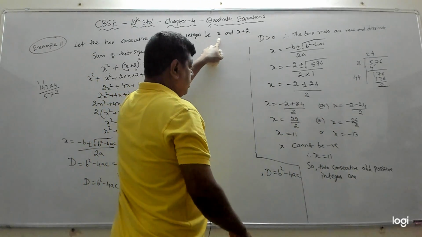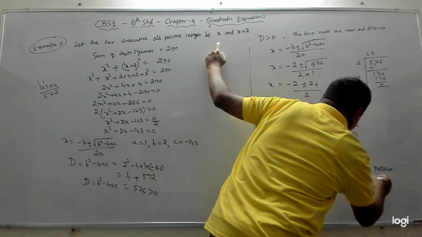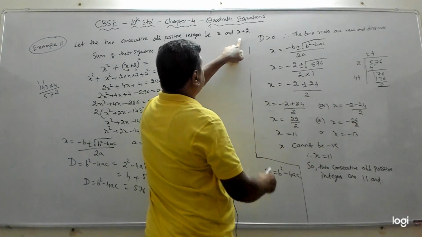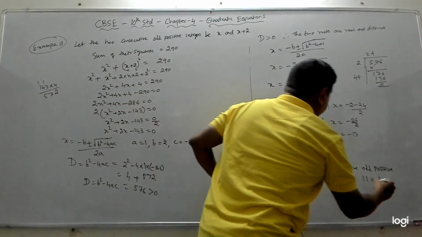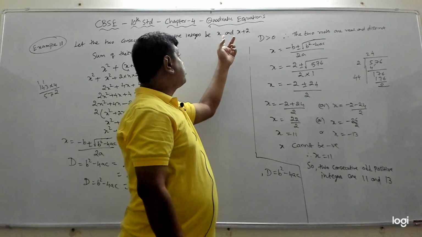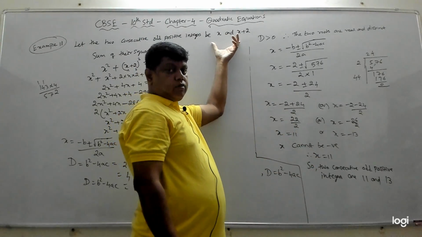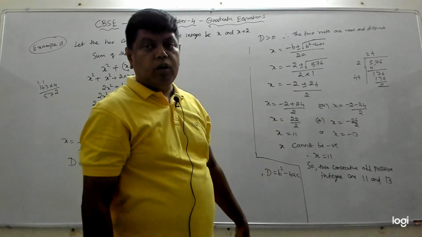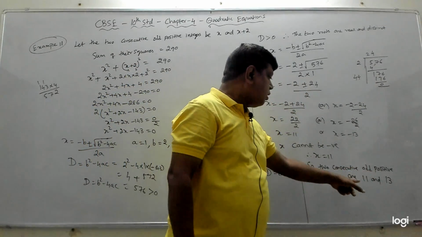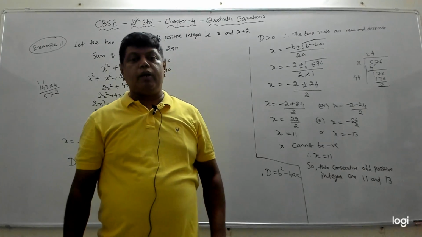X is 11, and x plus 2 means put x is equal to 11 here. You get 11 plus 2, which is 13. So after finding x, you have to substitute here to find the two consecutive odd positive integers. So the two consecutive odd positive integers are 11 and 13.